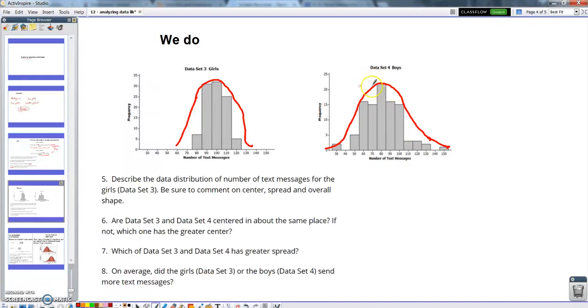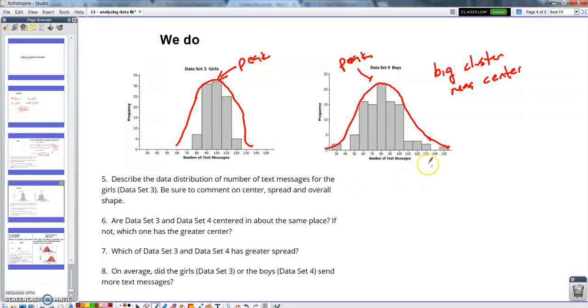So we would say that they both have a big cluster near the center. We might call this top a peak a lot of the time. They both have a peak near their center.